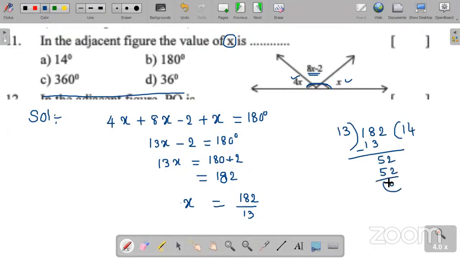It leaves a remainder 0. That means 182 is exactly divisible by 13. 13 times 14 you get 182. So the x value is 14 degrees. Yes, A is the right answer.